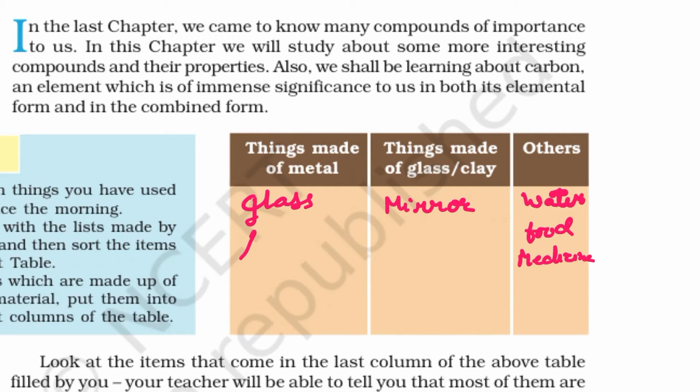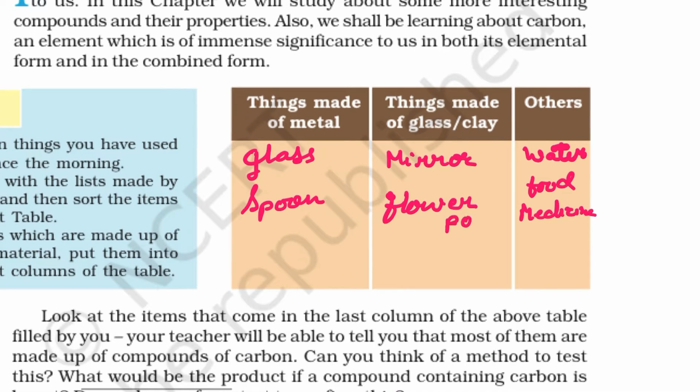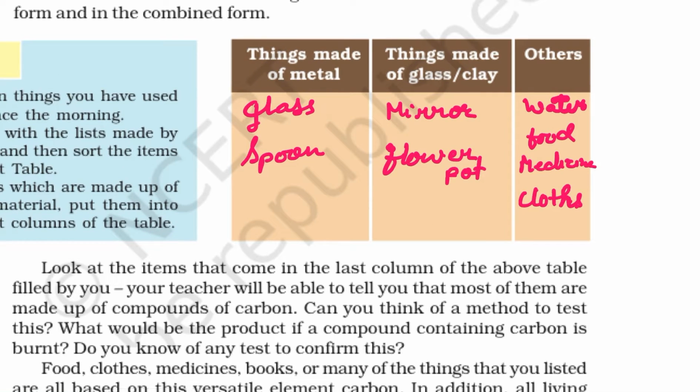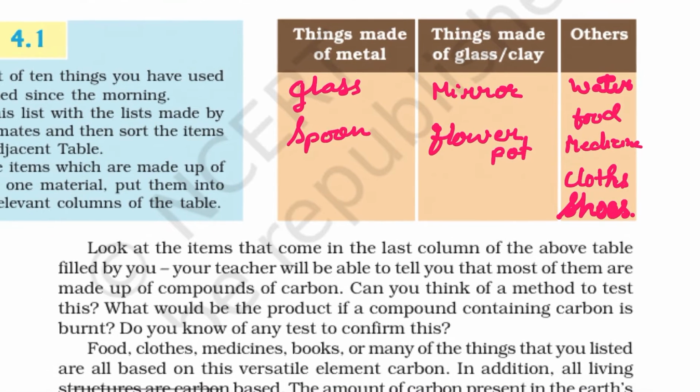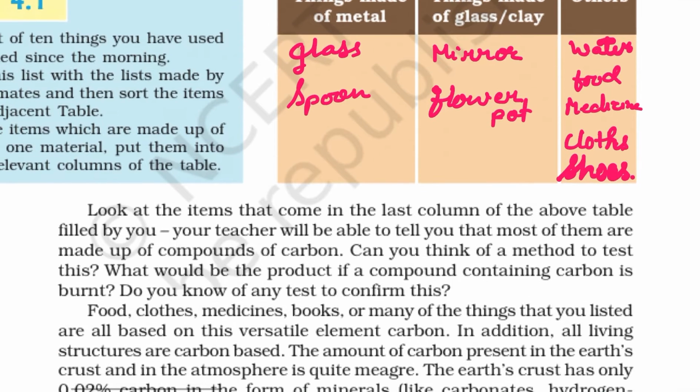Here it could be a spoon, then it could be a flower pot, your clothes, your shoes, etc. There will be hundreds of things which we might have used since morning.